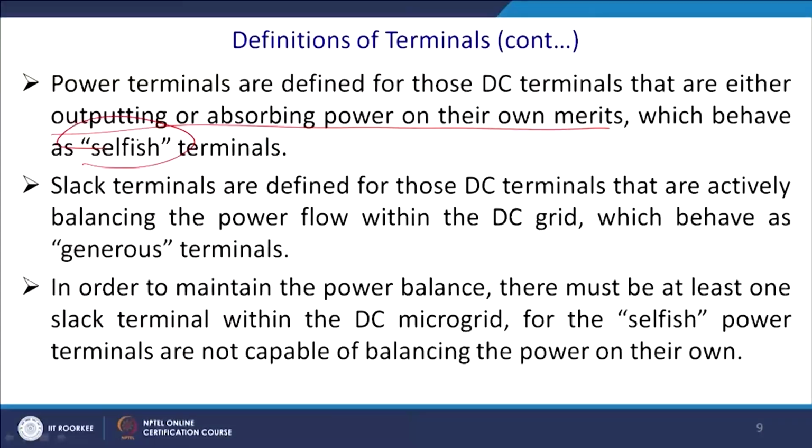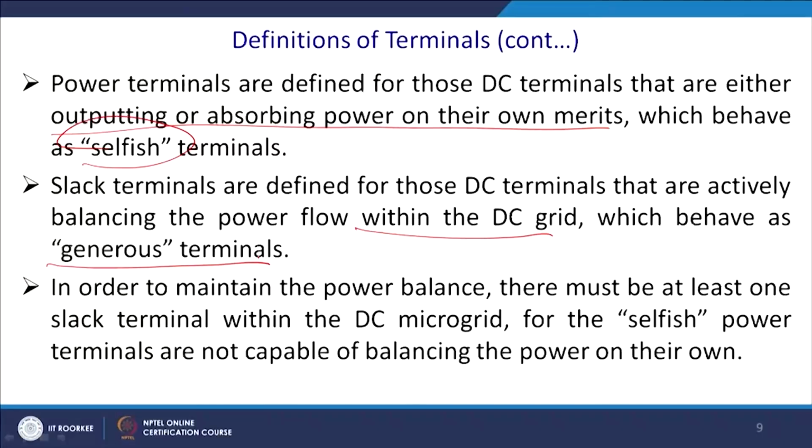The slack terminals are defined as those DC terminals that are actively balancing the power flow in the microgrid. These are the reference points, which behave as generous terminals. So, this is the difference between the power terminals and the slack terminals.